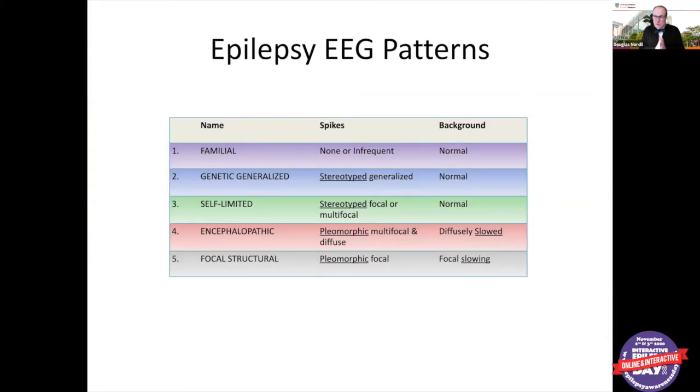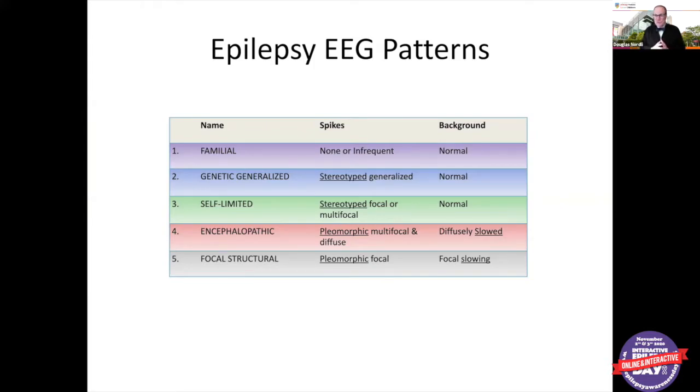So it comes down to that there are only 5 major categories of EEG changes that you see in all patients with pediatric epilepsy. And you can see the first 3. The importance is that the EEG background, which is the activity at baseline in the EEGs, is normal in the first 3 of these.